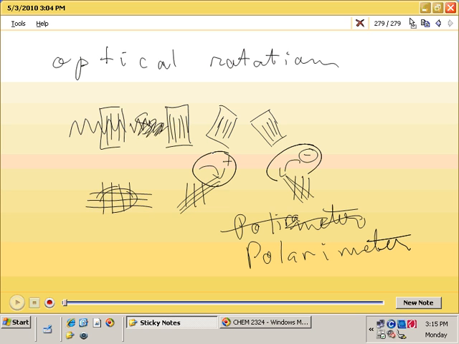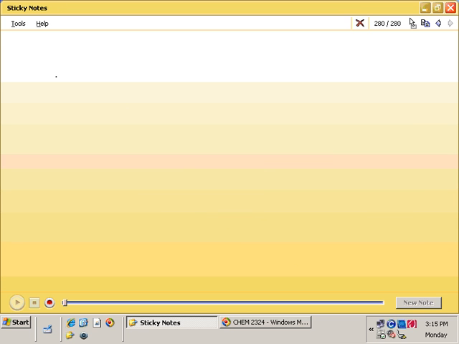You want to get a precise angle from this measurement. So this instrument will give you some values, and this is a symbol for optical rotation right here.